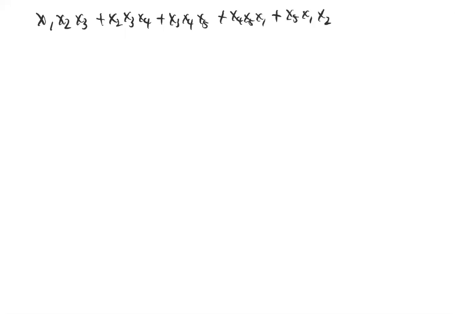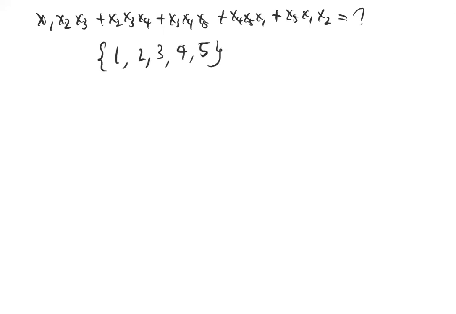For number 3, it's a little bit more interesting. This is where I think it gets a little bit harder and you actually have to think it through. So if we have x1 x2 x3 plus x1 x2 x3 x4 plus x3 x4 x5, equals something. We're given a set of 1, 2, 3, 4, 5.